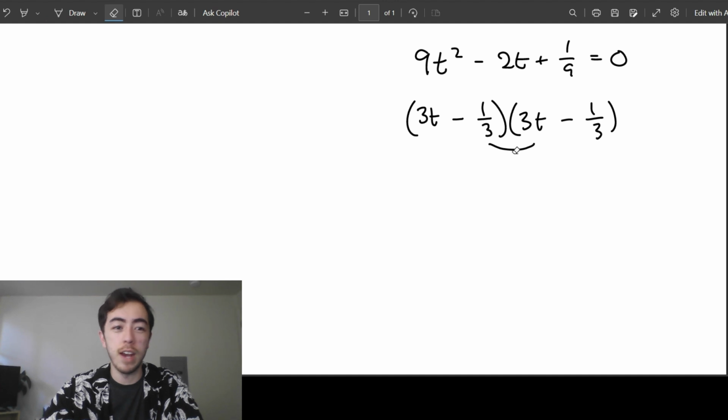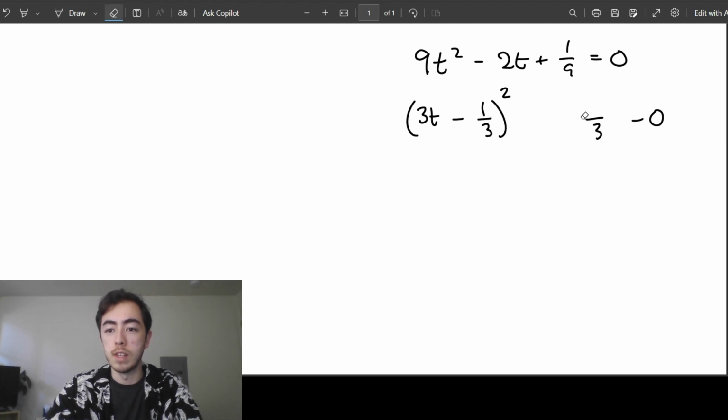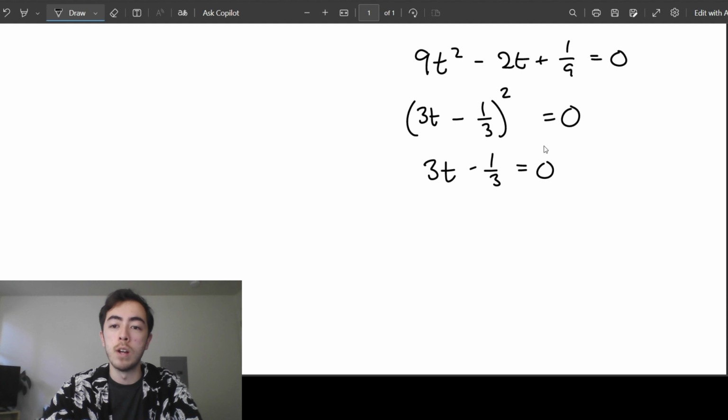So this factoring actually works. And so we have 2 factors, and it's the same thing actually, so I could rewrite it with a square instead. And that shows me that the argument, the inside part of the square, needs to be 0. So 3t minus 1/3 itself has to be 0 because there's no other number that squares to 0.